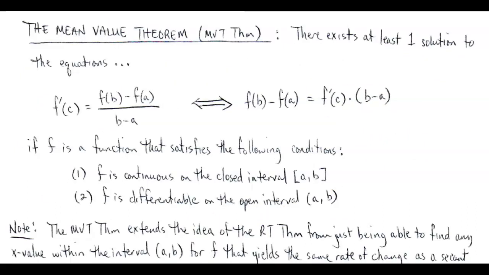All right, so if we wanted to write out in formal mathematical terms, what is the mean value theorem saying? It's essentially saying that there's going to exist at least one solution to this equation here, where the left side of this equation is saying what is the derivative of our function at a particular value c, mainly that point that we're going to draw a tangent line through.